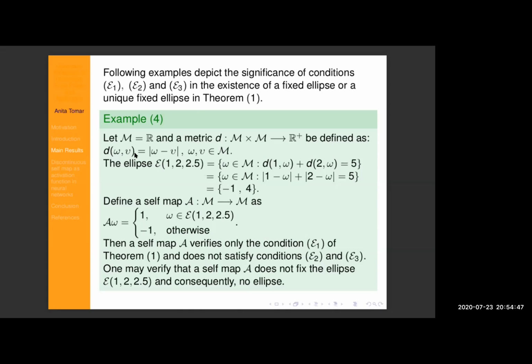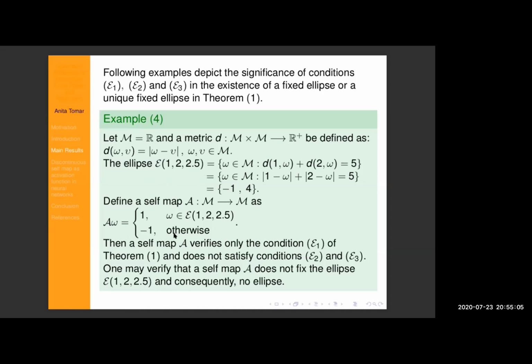If we define a metric d(W,V) equal to the modulus of W minus V, and we take one focus at 1 and another focus at 2, and we take the length of the semi-major axis as 2.5, then we have the ellipse [-1, 4].